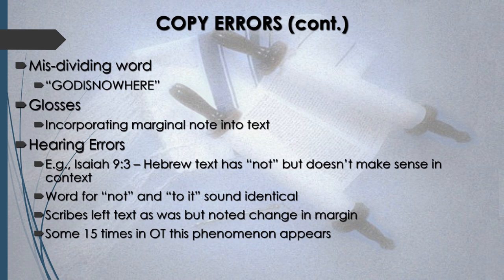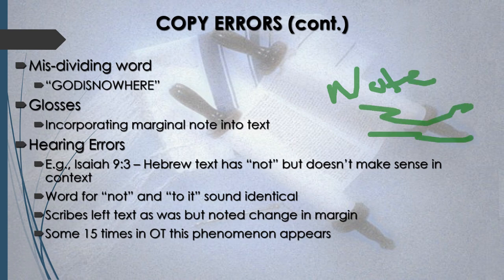And so on the side of your text, you take a note, right? You write something and you say, this is what this means. And now someone later takes your book and they're copying your book. This note on the side is called a gloss. It helps to explain the text.